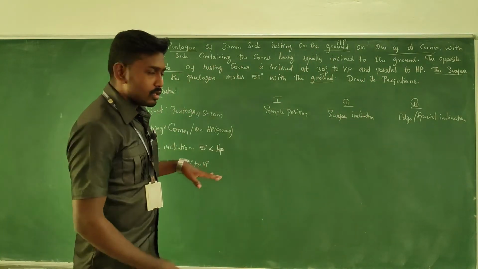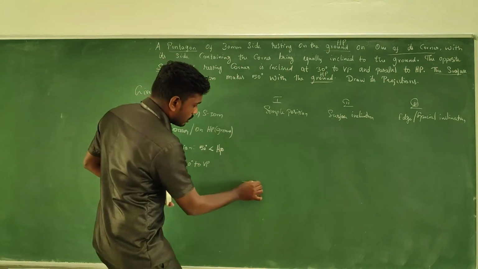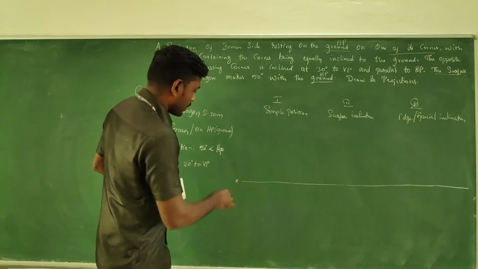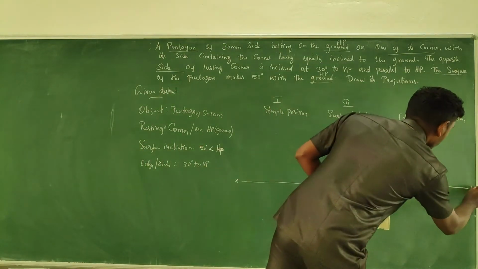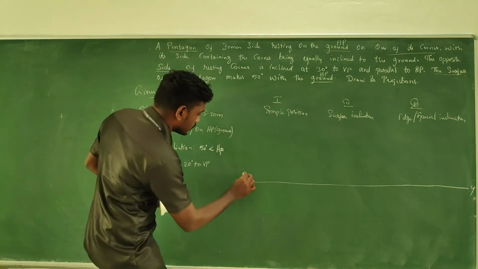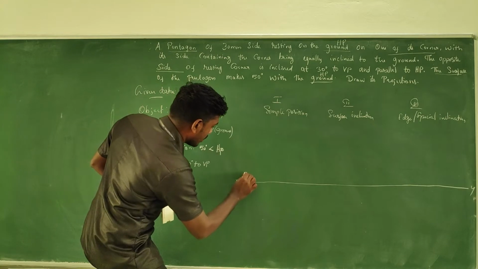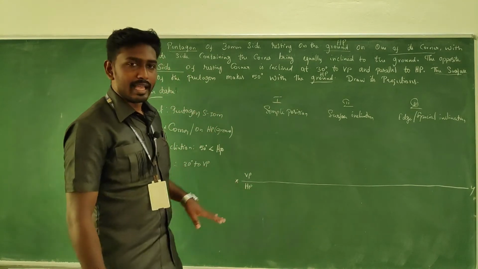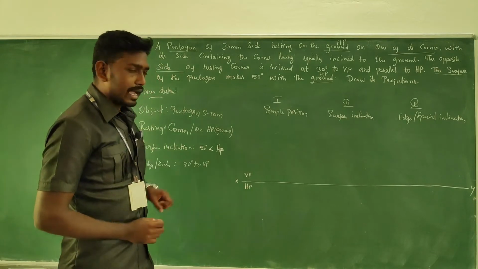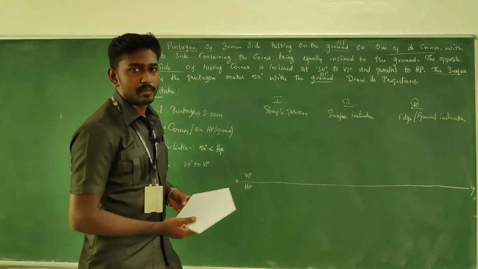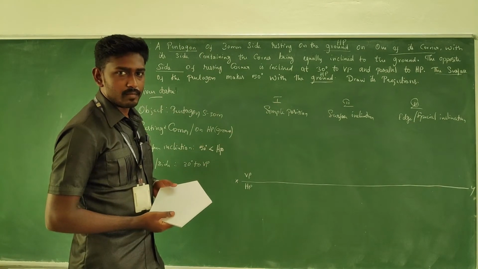Okay, fine. Always we will be keeping the object in the first quadrant. As far as first angle projection is concerned, above the HP-VP line is VP and below the line is HP. Okay. And next we have to check the position, how it is being kept.